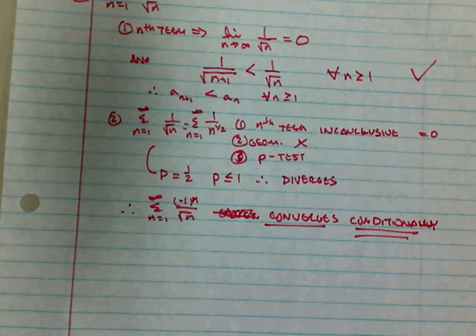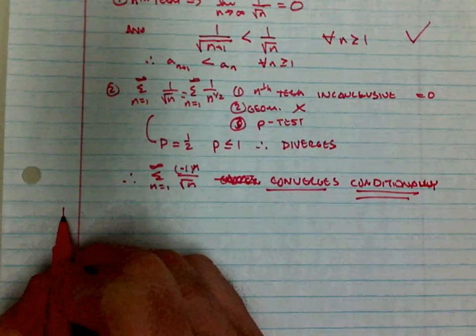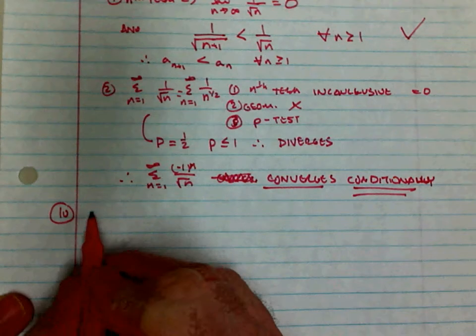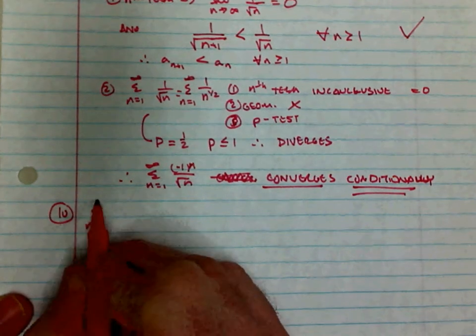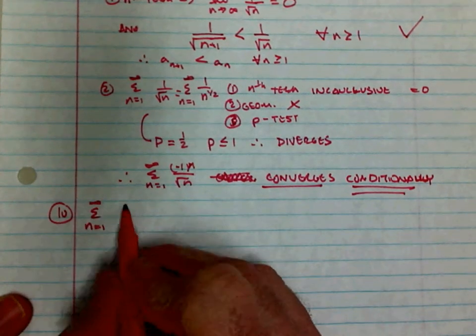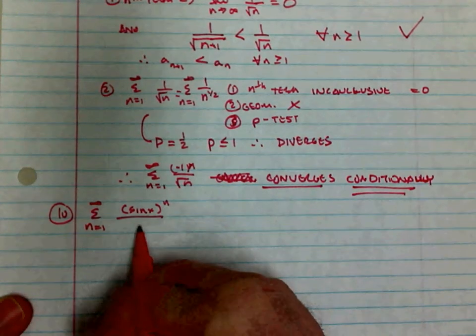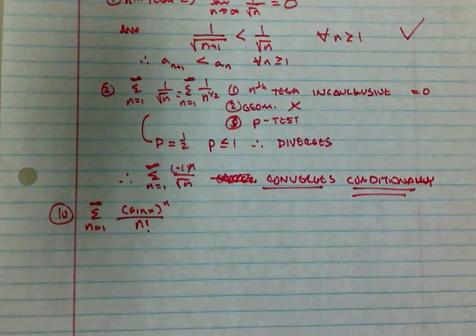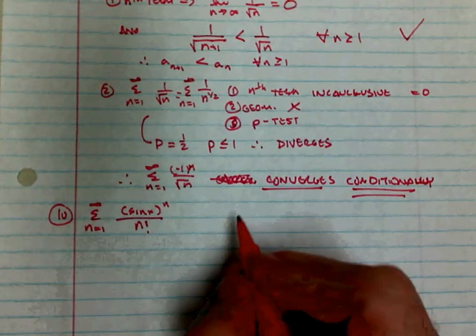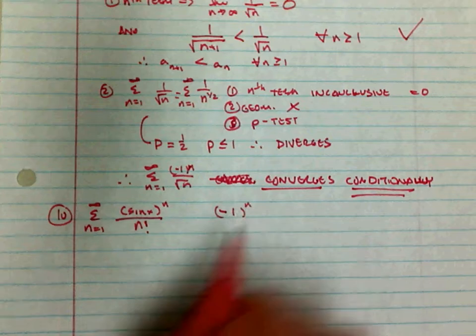Let's take a look at number 10. In number 10, we have the sine of x raised to the nth power divided by n factorial. Now, this one doesn't have one of these things in it.